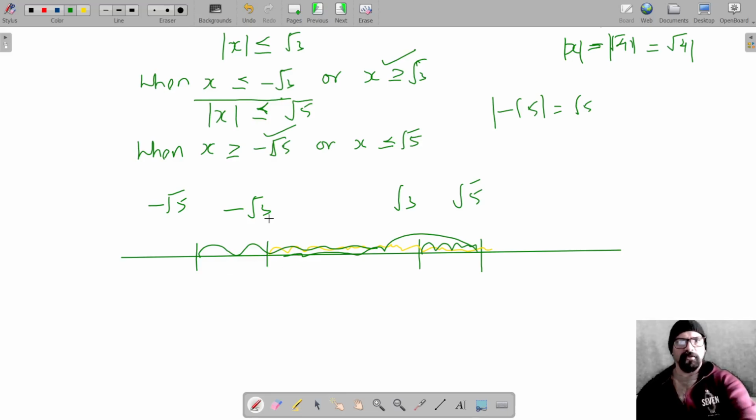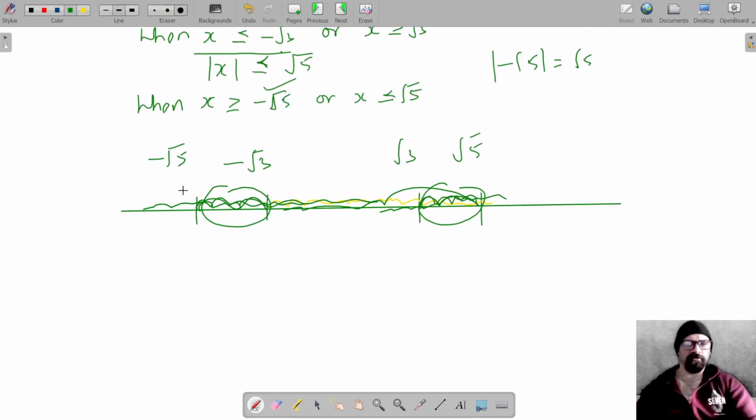So for x less than or equal to negative root 3, this is the region. X greater than or equal to root 3, this is the region. And x greater than or equal to negative root 5 is this region, and x less than or equal to root 5 is this region. We are getting the common region as this.